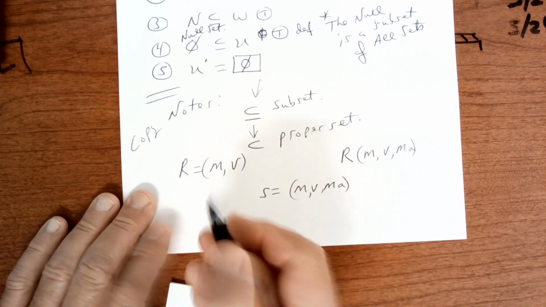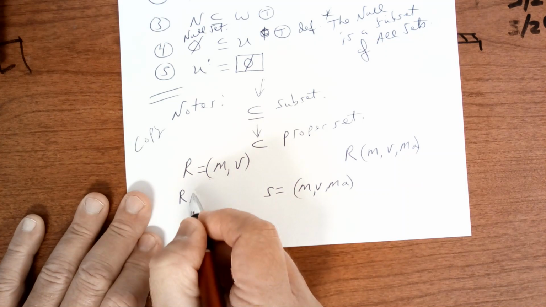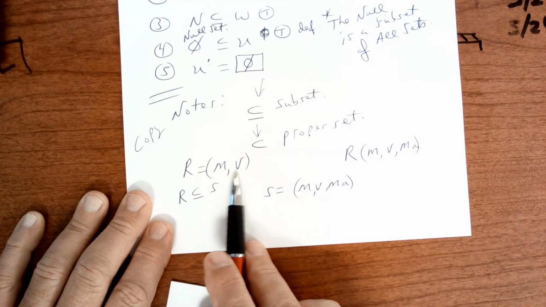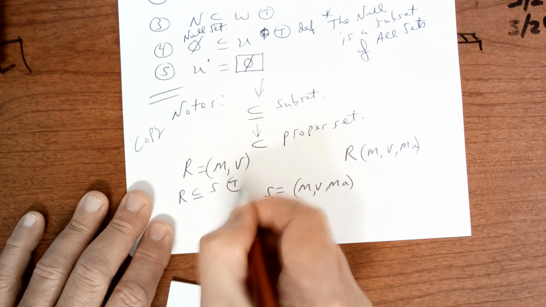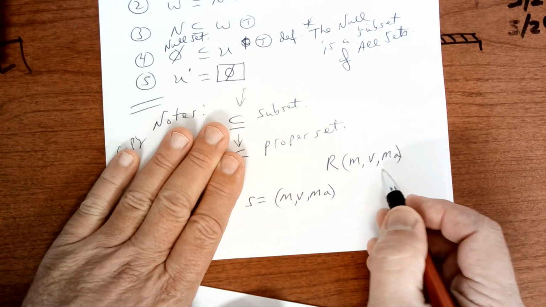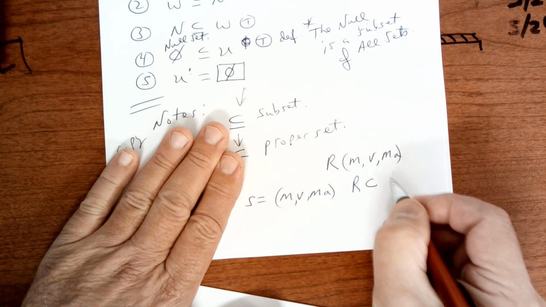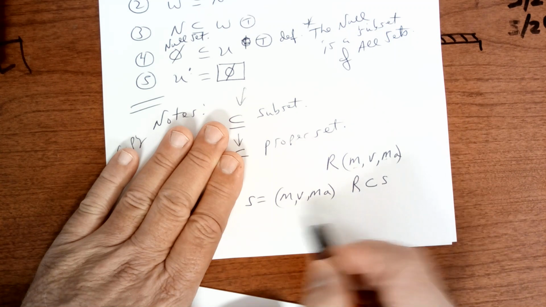So let's say you have R and you want to know if R is a subset of S. Well, yeah, these are included here. So this would be yes, true. On the other hand, let's say this is your R and you want to know if R was a proper set of S. Are all these inside of here?